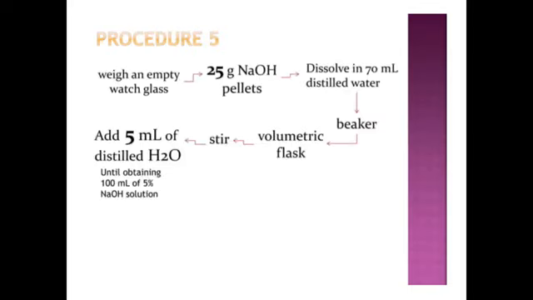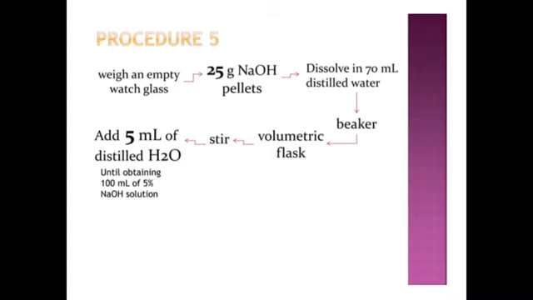So you are going to have an empty watch glass. Then you weigh 25 grams of sodium hydroxide pellet into that empty watch glass, and then you are going to dissolve it in 70 ml of water, and then you transfer it to a beaker.